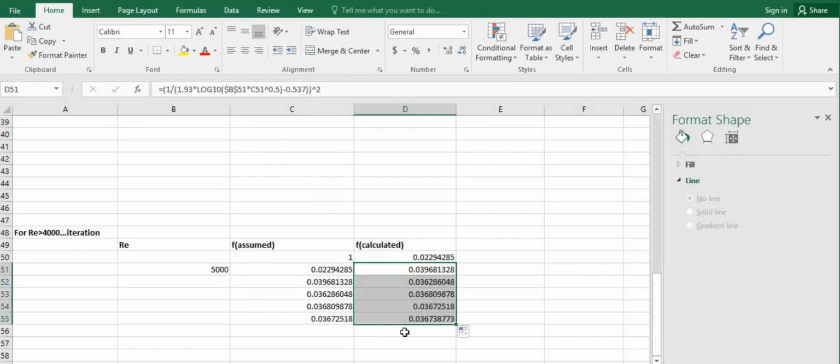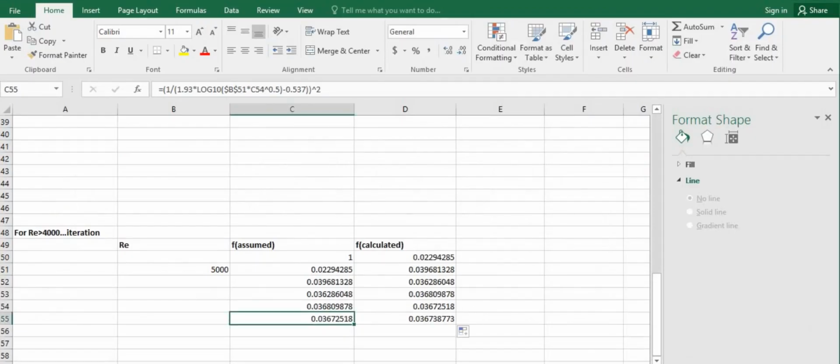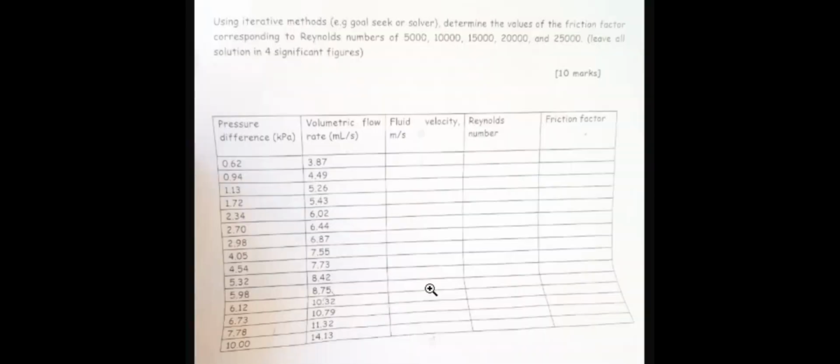So you compare the two. This is 0.03672518, 0.036738. They are not really too comparable, especially considering that in the question you were told to leave the solution in four significant figures.